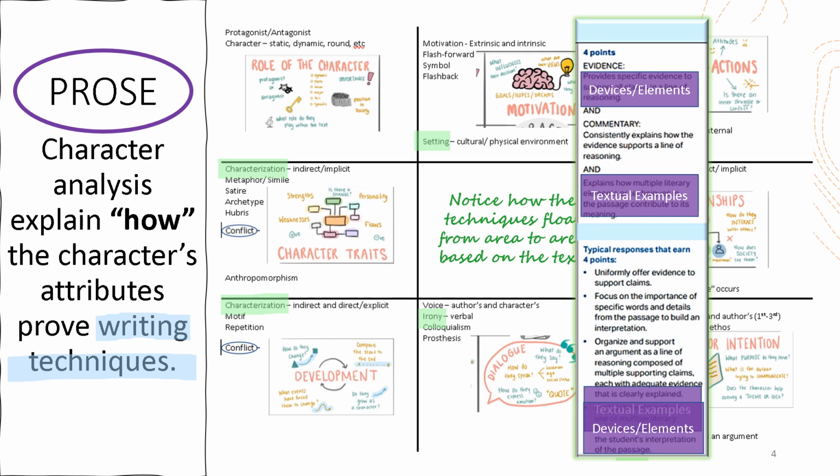Now, structuring the explanation for the use of the device is your line of reasoning. The writer's skill is going to be able to show the relationship of the specific literary device or element according to the broader context of the whole passage. Basically, on your exam, you'll be given a passage, of course.